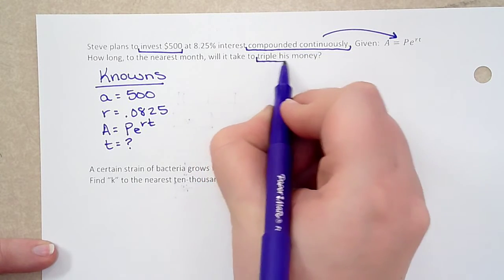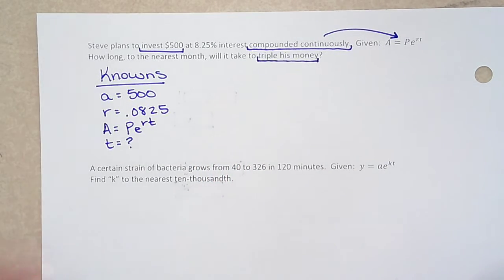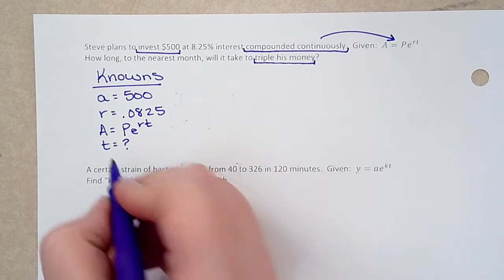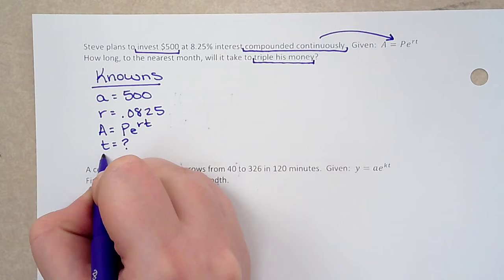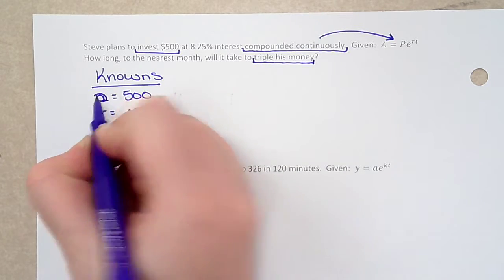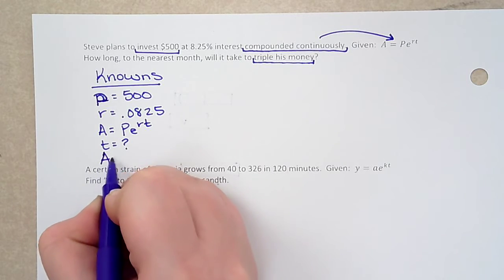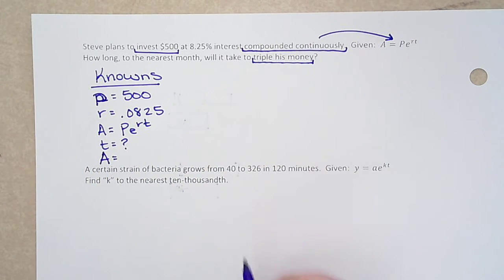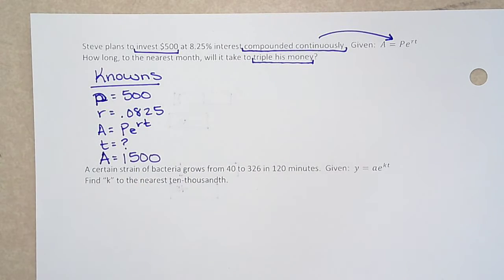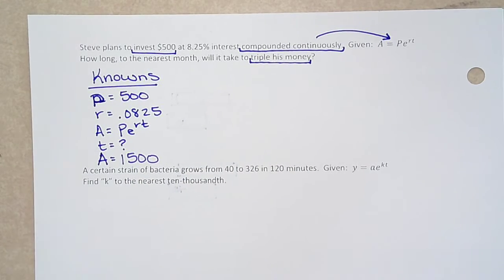Now, there's no number here, but this tells us our P, because we know if we started out at $500 that we need to end with triple what we started with. So 500 times 3 tells us that we end with $1,500.